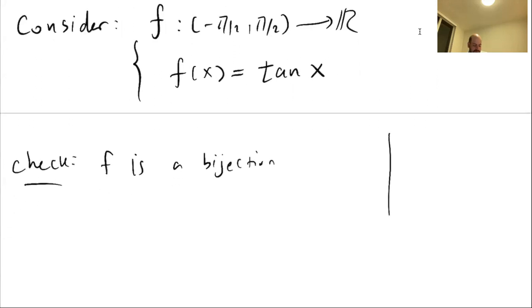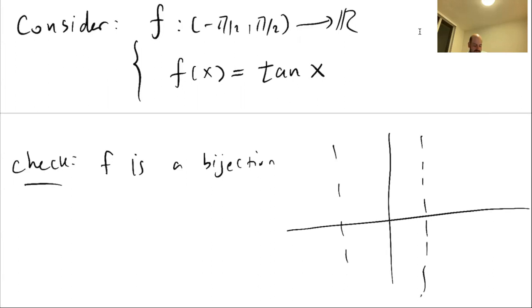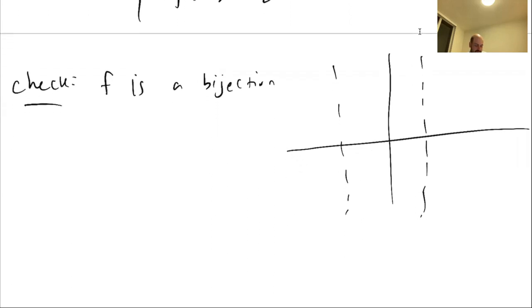If I want to show you the graph, if you remember the graph from pre-calculus, it looks like this. You can draw it better. Okay, so as you can see from the graph, all the y values are covered.